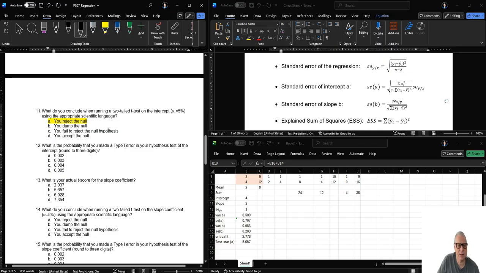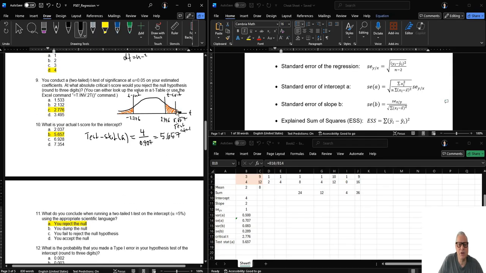You either reject the null or you fail to reject the null. That's the correct language. Well, what is the probability that you made a type 1 error in your hypothesis test of the intercept? So now we need to look at what is the probability that we get something.